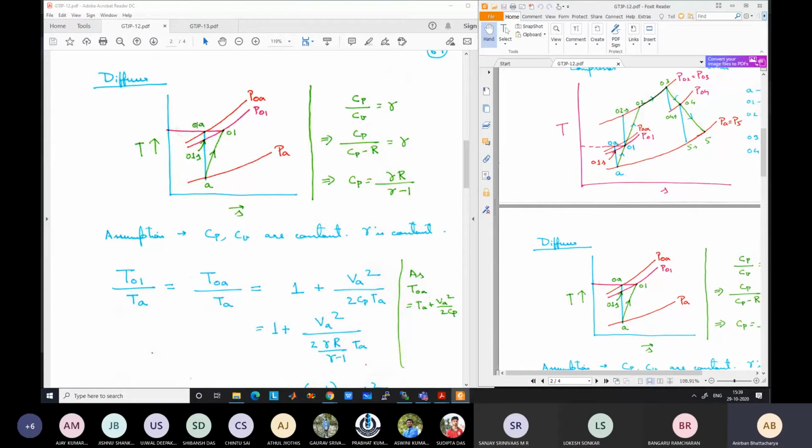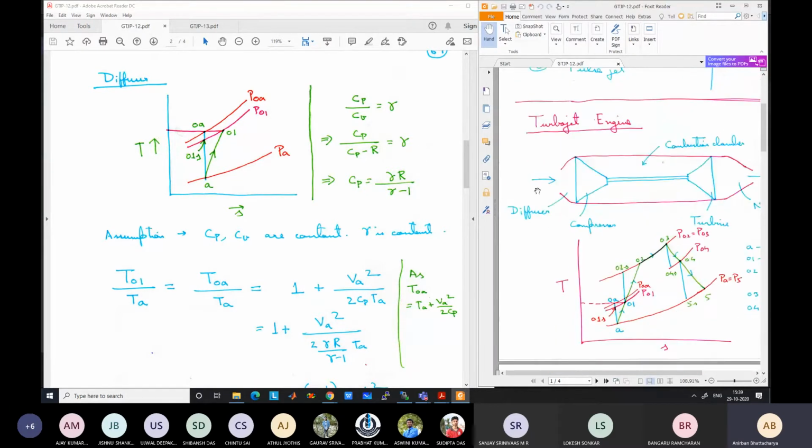Okay, it is not a separate point 0A. So at the point A, means in the physical engine just at the entry at the point A, the static conditions are given by this point and the stagnation conditions are given by this point. These are not two separate points in the physical space. This is the same point in the physical space, but one is for the static condition, one is denoting the stagnation conditions. Okay, but the point is the same at the inlet section.